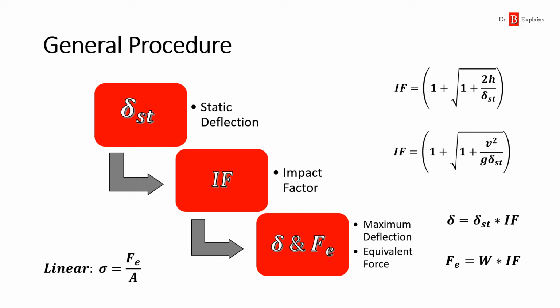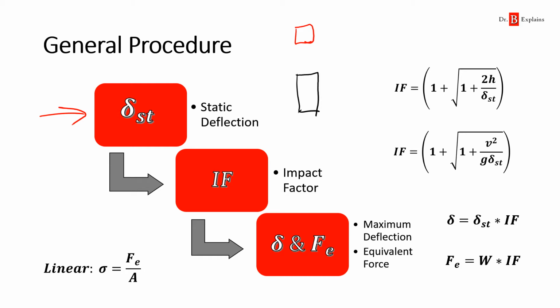The very first thing that you're going to do is to calculate the static deflection. What is the static deflection? In all of the impact problems, you're going to see a mass or a weight striking an object. So let's say, for example, you have some column and a mass is going to strike it.